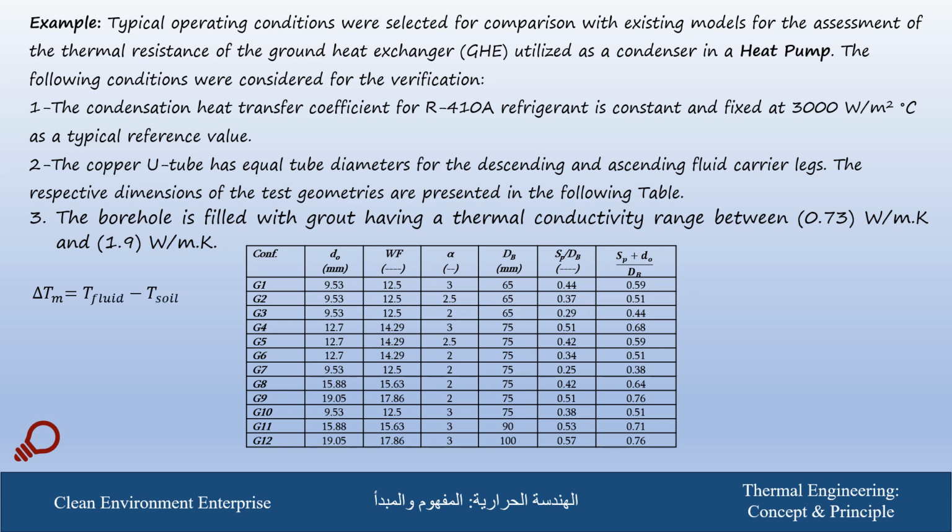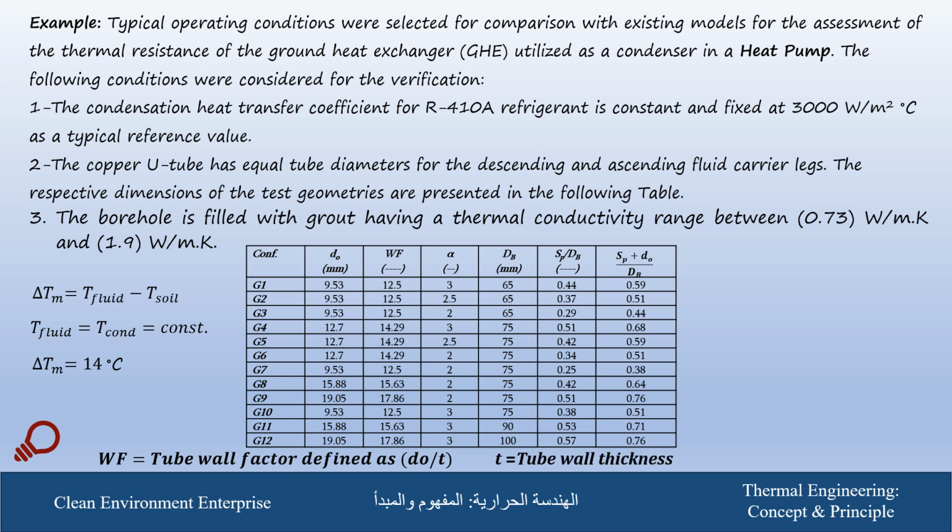We have delta T mean equal to T fluid minus T soil. And here for the condenser, T fluid corresponds to T condensation, which is a constant value. And we will assume a value of delta T mean equal to 14 degrees Celsius. The ratio WF, tube wall factor, is defined as D naught divided by t, which represents the thickness of the tube wall.